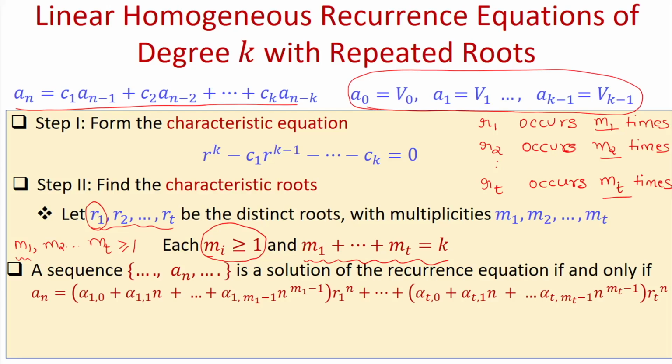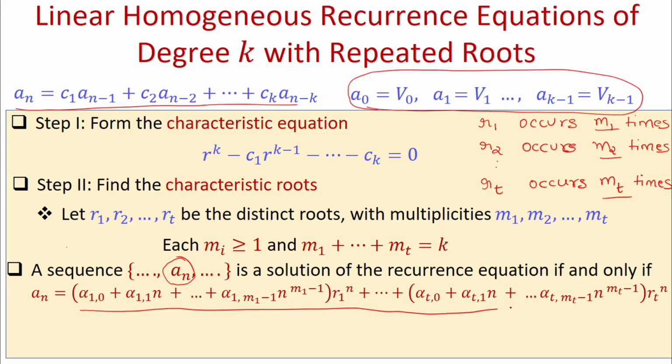Now, what the theorem basically says is the following. The theorem says that any sequence whose nth term is of this form will satisfy the recurrence condition. Right? So let's decode this complicated looking general term here.